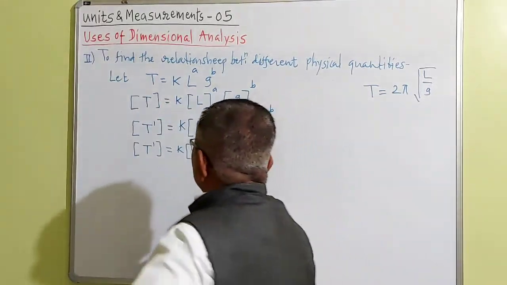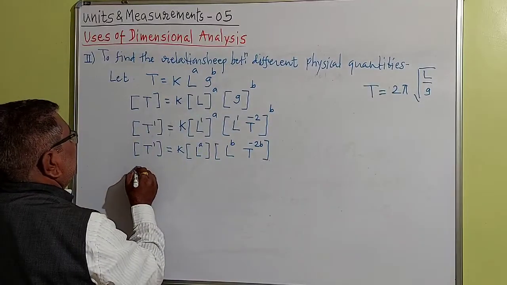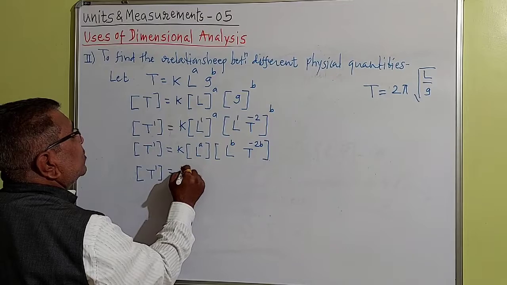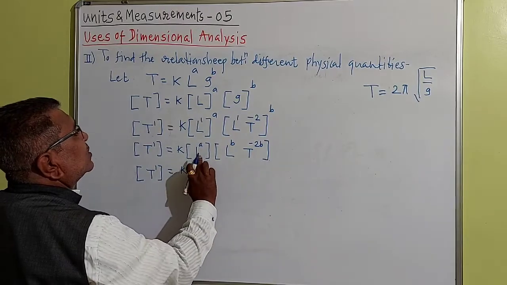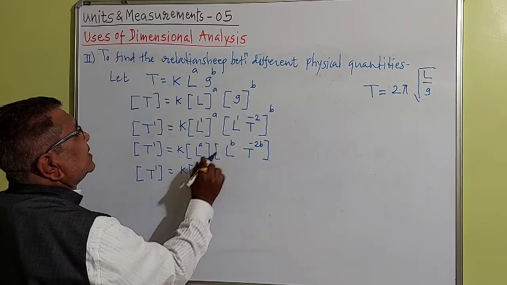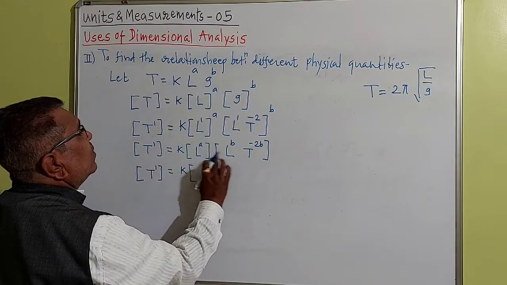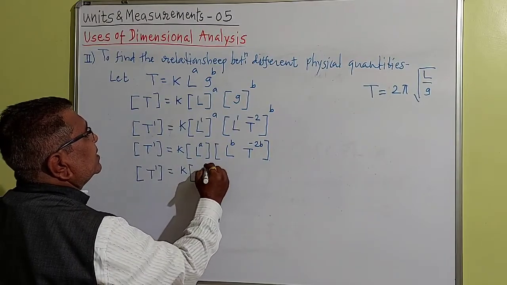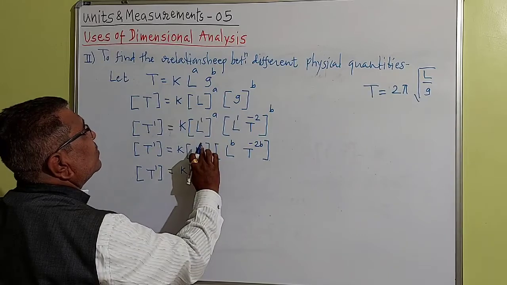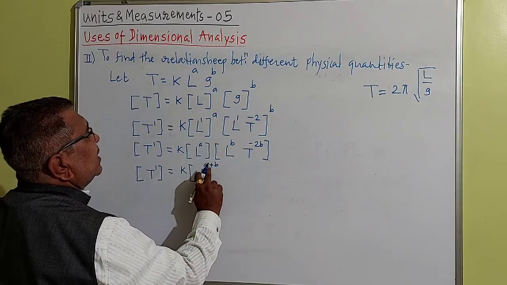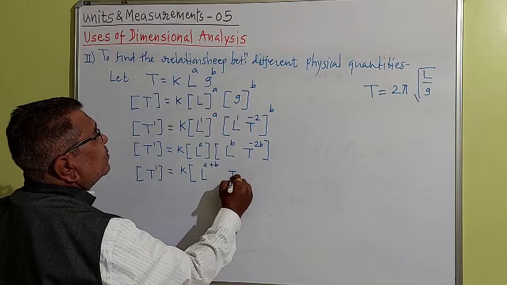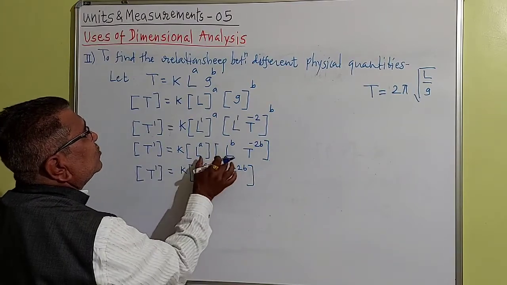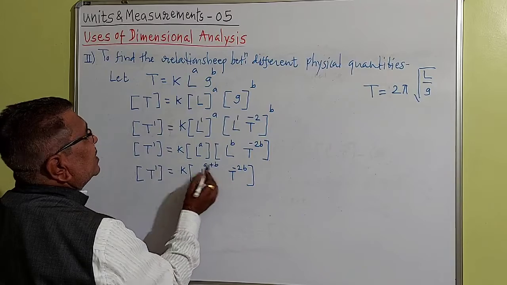Then next we can write T^1 = K L^a L^b T^-2b. The base L is the same here, so we can combine these two L: a plus b is the power of L, and here we get T^-2b.